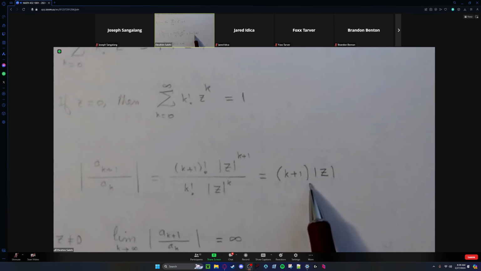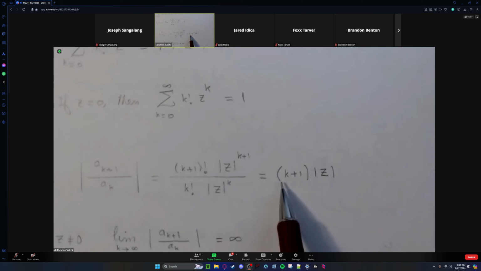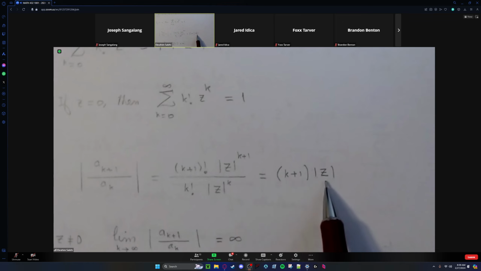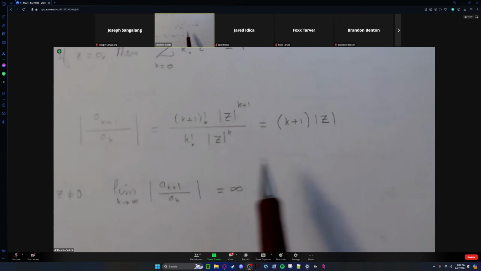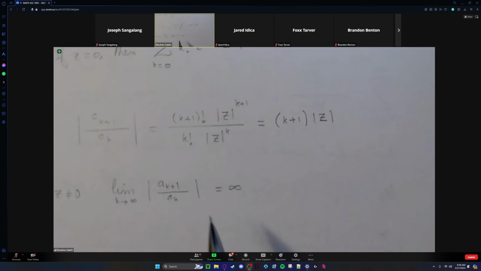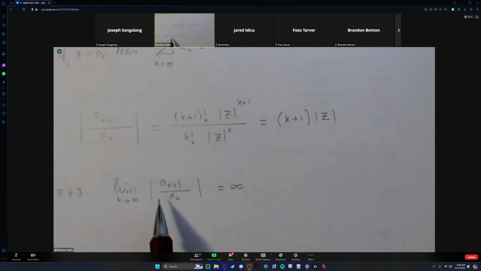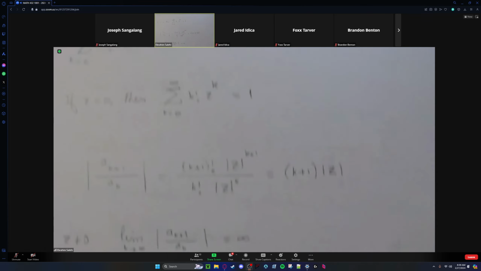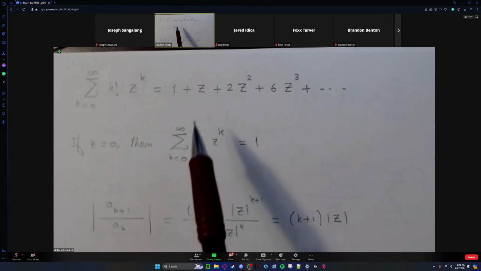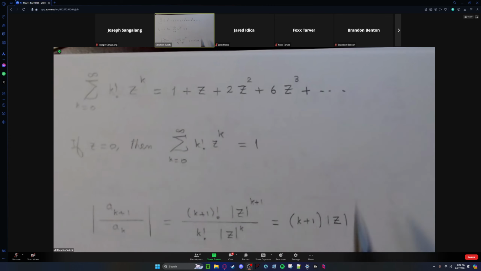This is what you get. If z is not 0, then the limit as k approaches infinity is infinity. So here is your L, bigger than 1. Because of this, the original series, this infinite summation, diverges.